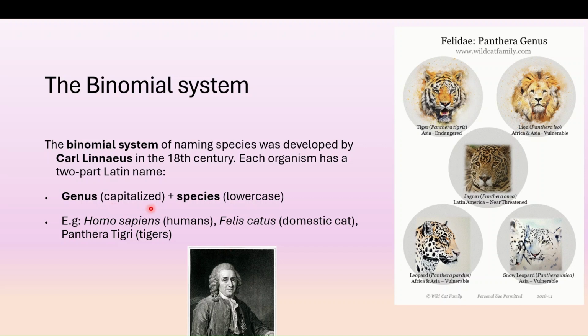The second word is the species, which is in lowercase. So for example, Homo sapiens, humans. Homo is the genus, sapiens is the species. So this system helps to avoid confusion because local names can change from place to place, but the Latin names are the same everywhere.